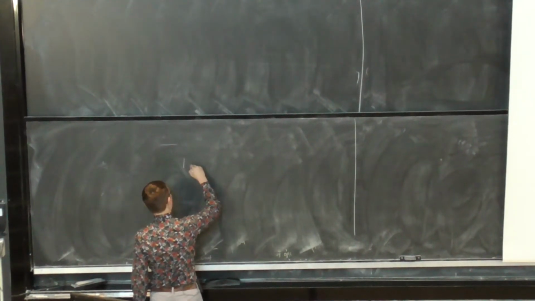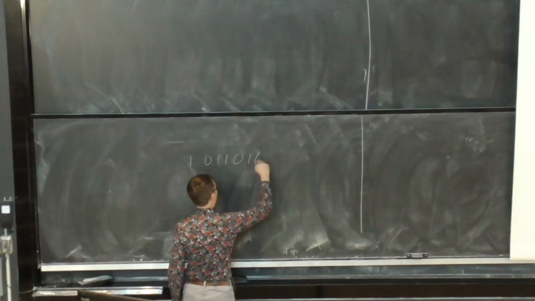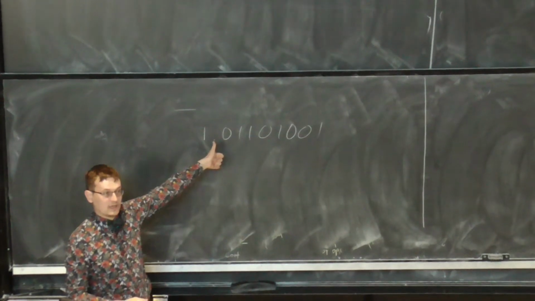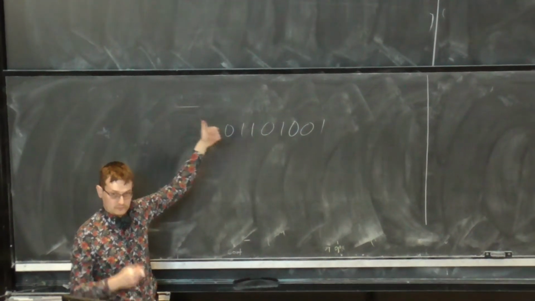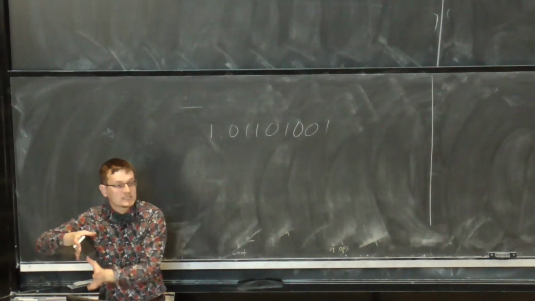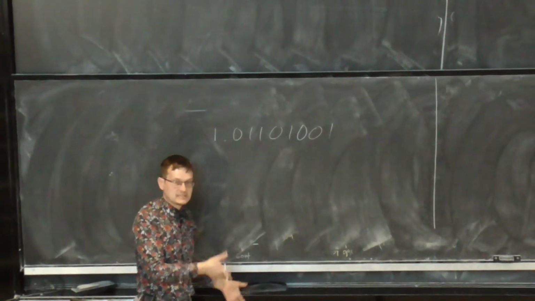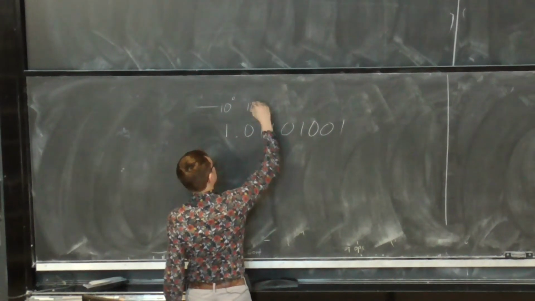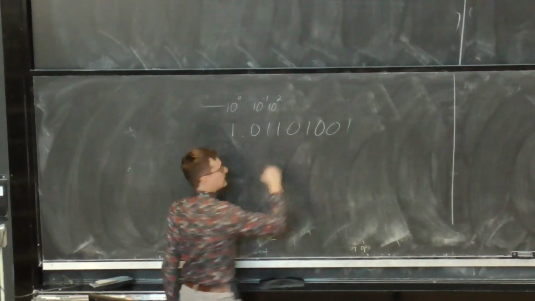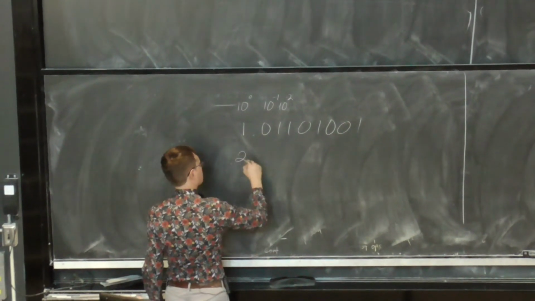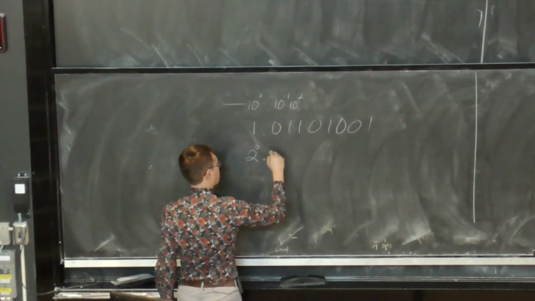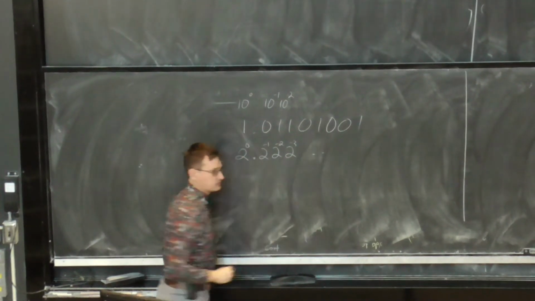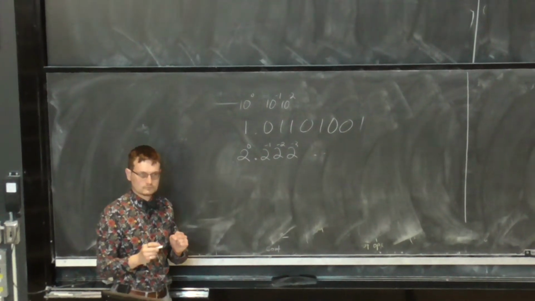So you'd have 1.011010001, etc., right? This works the same way as decimal representations. It's just the base is 2 rather than the base being 10. So rather than 10 to the 0, 10 to the negative 1, 10 to the negative 2, etc., you have 2 to the 0, 2 to the negative 1, 2 to the negative 2, 2 to the negative 3, etc. It's a base 2 system, right?